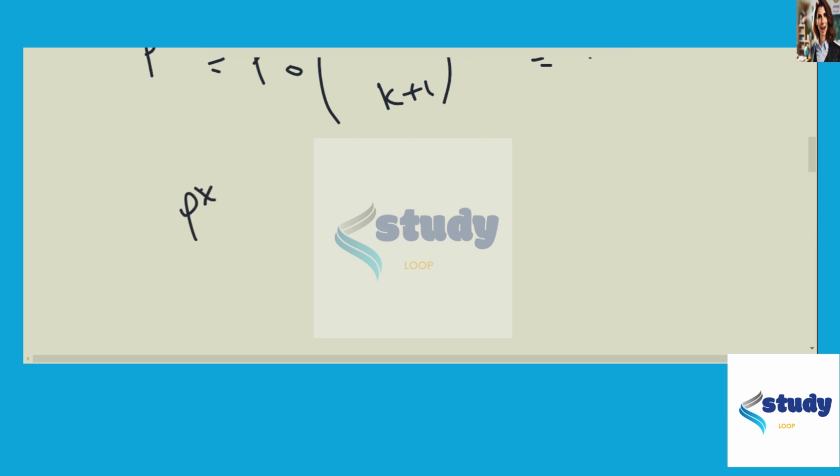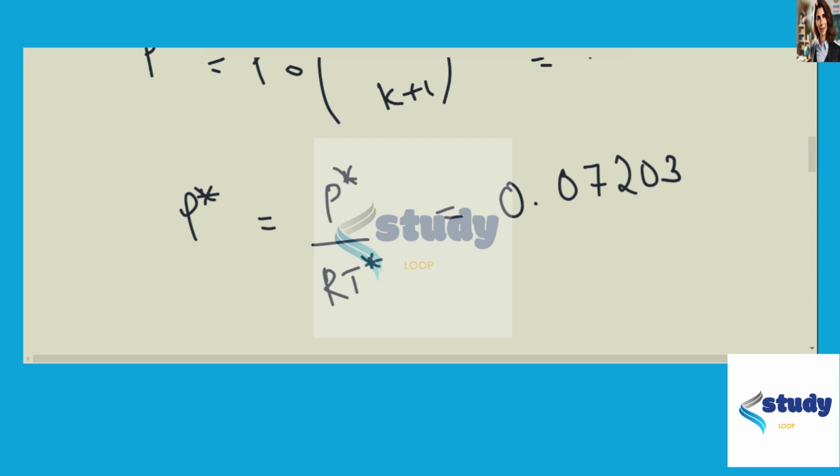Now rho star equal to P star upon R T star, and that is equal to 0.07203 units.